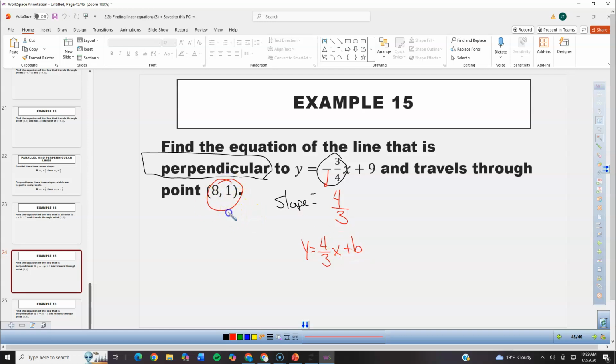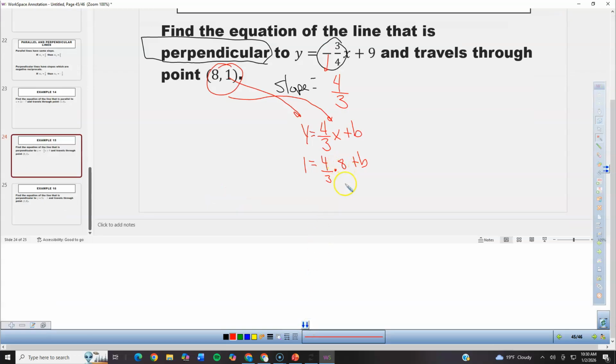Plug in my point. Alright, so I get 1 equals... This does not work out well. That's okay. 8 times 4 is 32. 32 divided by 3 is 10.6 repeating. 10.67, gross.